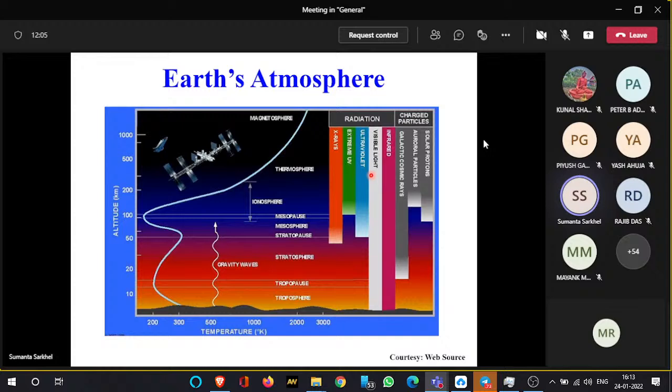It hits the surface continuously during the daytime and heats it up. That is why if you go away from this secondary heat source, you feel cool.